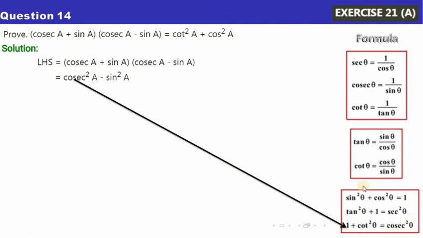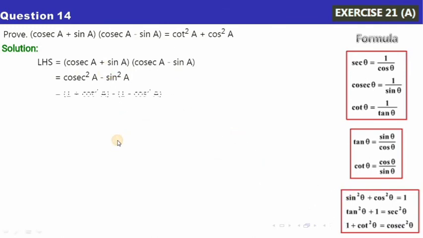Because see, I want cot. And from cosec square, will I get cot square? Yes, we will get the cot square also, right? So if I make use of this formula here, then I'm going to use this formula here as well. Let's see what we get.